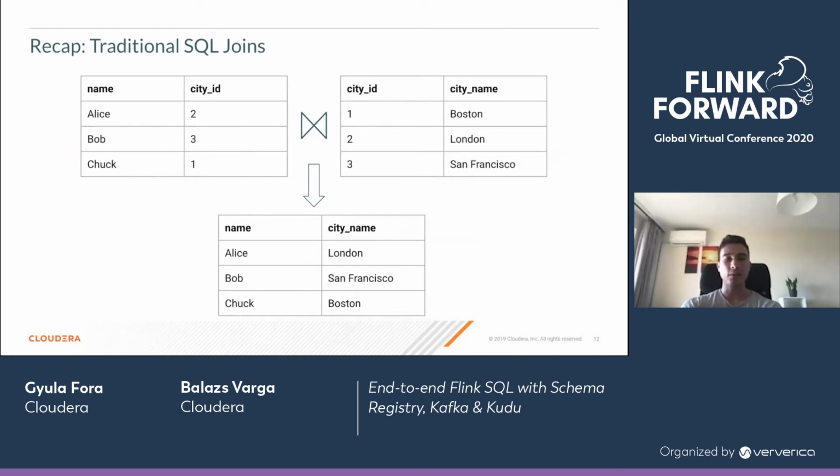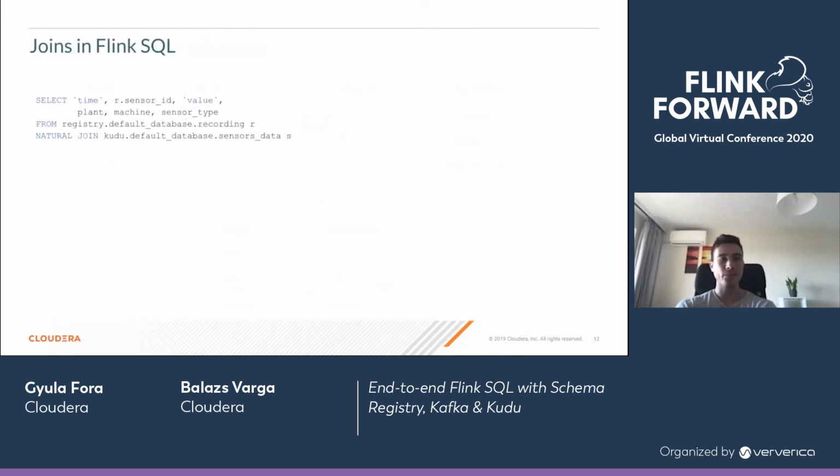And it will produce also a finite table based on the combination of these records. So this works because these are finite bounded tables, but some issues arise when one of the tables or both of the tables are in reality unbounded data streams, which is our case with our enrichment use case.